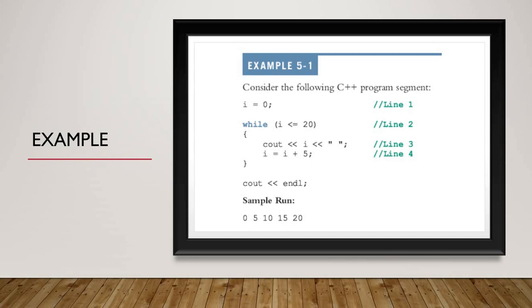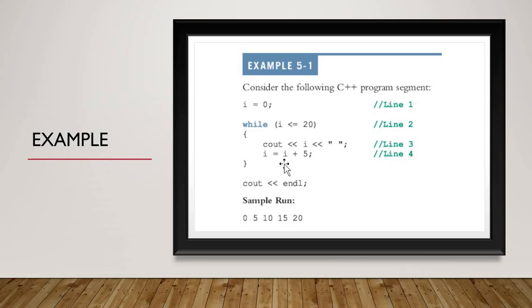Inside the body we have open and close curly brackets. We have cout I and then a space, and this is the statement to be executed if the expression is true. Then we have the update statement, which will update the value of I equal to I plus 5.